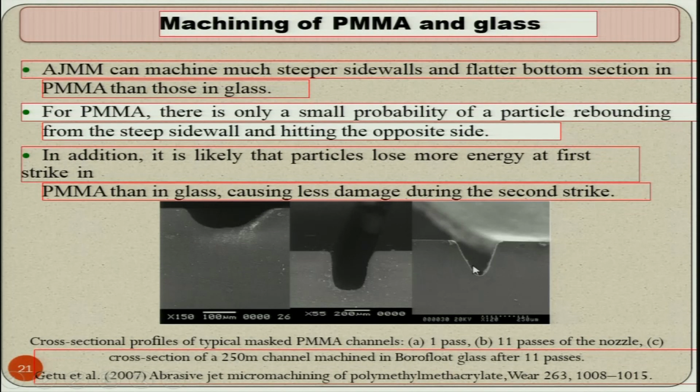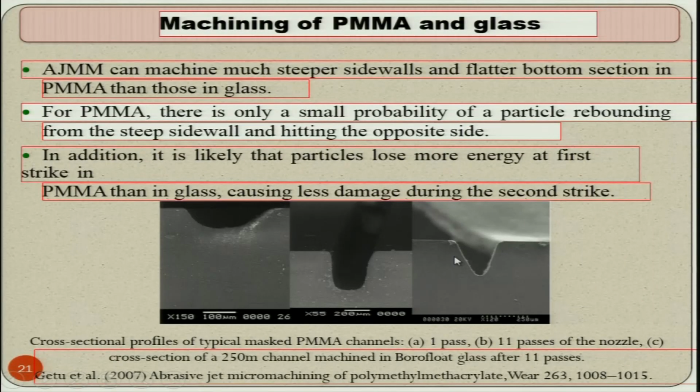So, this is for the glass, this is for the PMMA. In the glass after 11 passes you are going to get this kind of profile, while after 11 passes in PMMA you are going to get this profile. So, you can understand that based on the properties of the workpiece material, the profile features are also changing, because in one you have got a kind of triangular shape, while in the other you have been able to machine a shape near to rectangular.